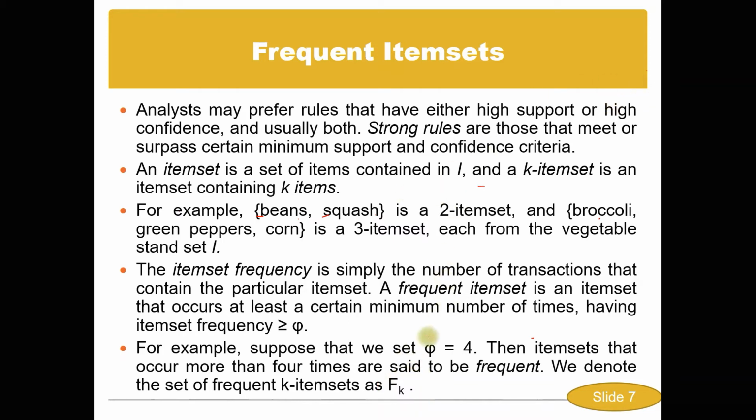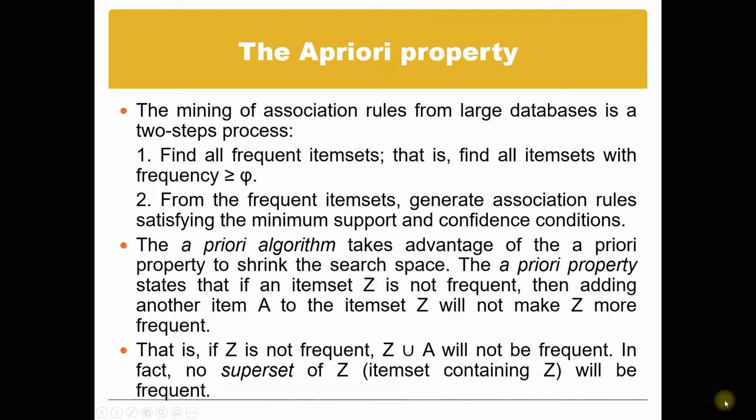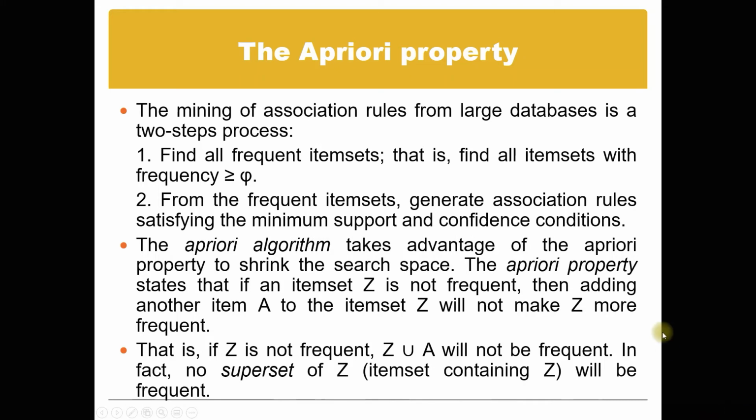Let's get directly into this concept of a priori property. What is this about? The a priori property, to be able to understand it, first of all, let's just have a look at what market basket analysis will do.